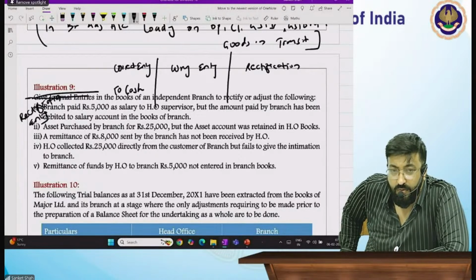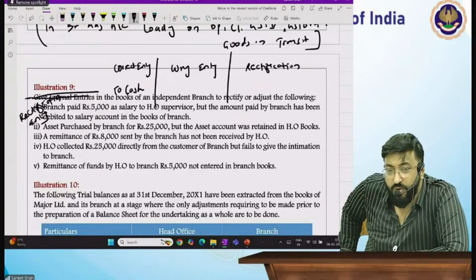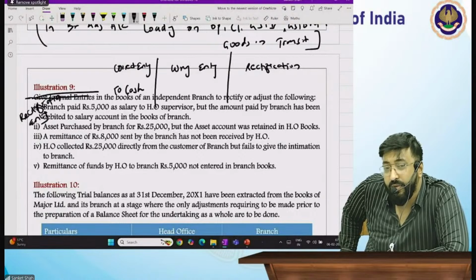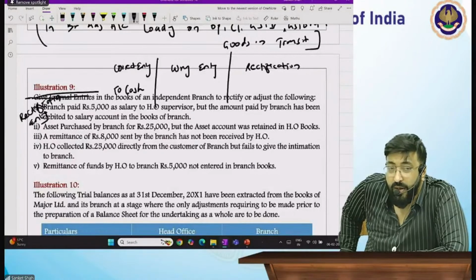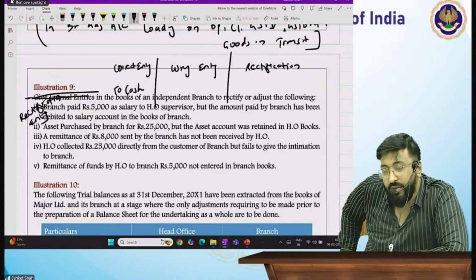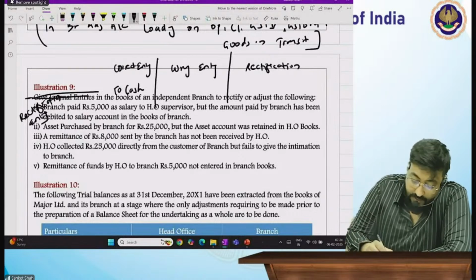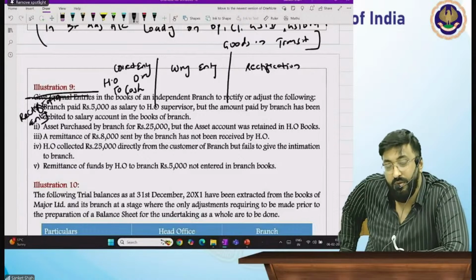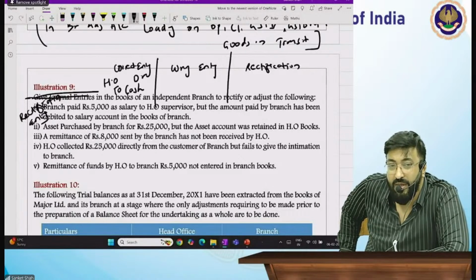No, sir. This salary belongs to head office. So on behalf of head office, who paid it? Branch. So the correct entry is head office account debit to cash. Why are you not passing the correct entry, beta?